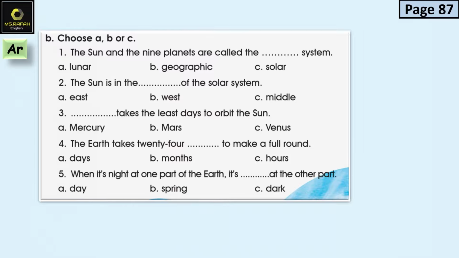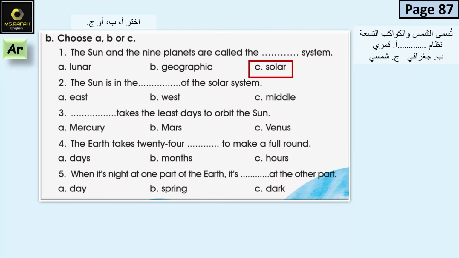Exercise B. Choose A, B, or C. The Sun and the 9 planets are called the lunar, geographic, solar system. Solar system. The Sun is in the east, west, middle of the solar system. Middle.